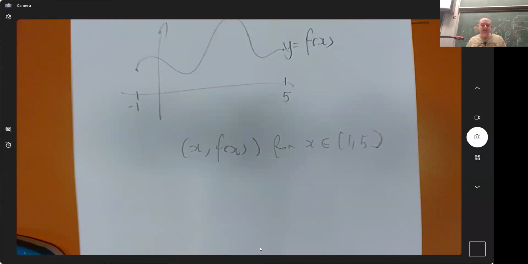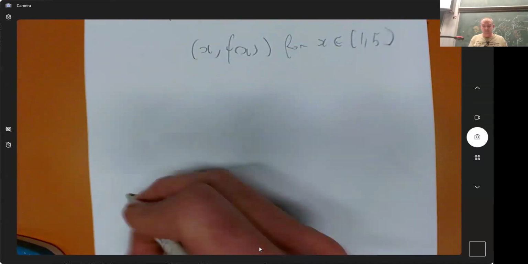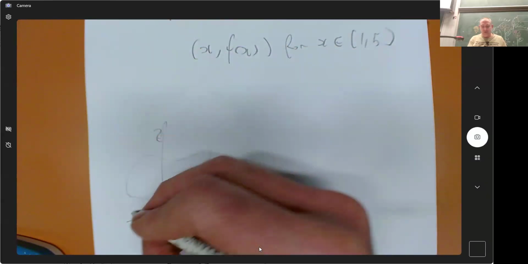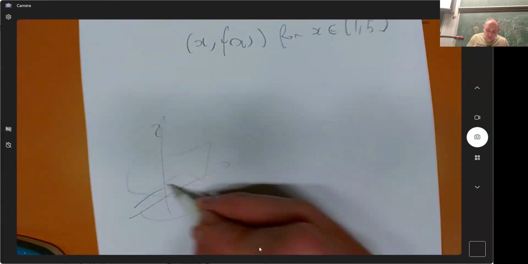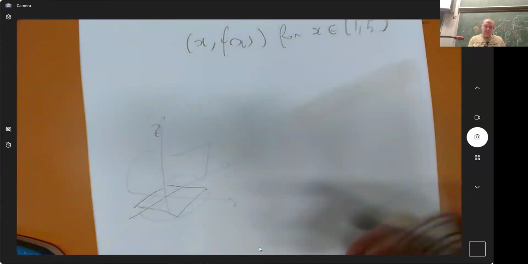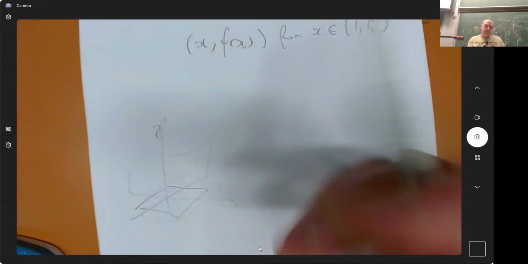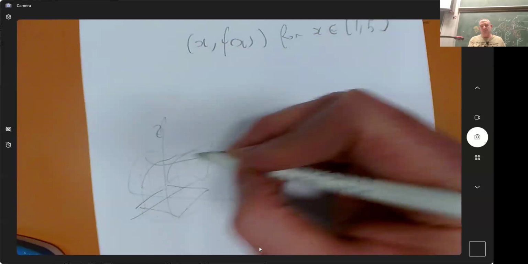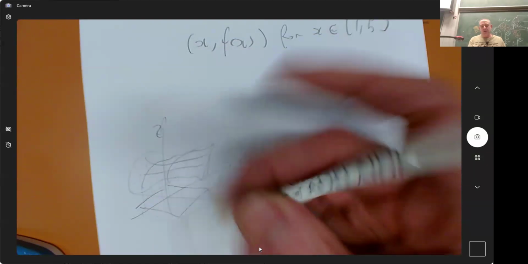Okay. And in fact, you can do this even in 3D, right? You can have some sort of surface here that's above a circle or something, maybe above a rectangle. A really bad drawing.